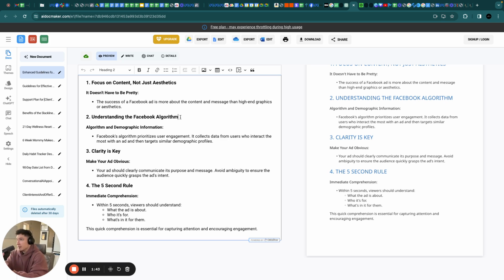So this means a couple of things. Number one, clarity is key. Your ad just has to be obvious. It doesn't have to be pretty. You could have a hideous ad as long as it's obvious so that people know what it's for, because people don't open up the app to look at ads, right? You have to catch their attention in some way. So your ad has to be super obvious about what the offer is, because if it's not, nobody's going to know what it is.